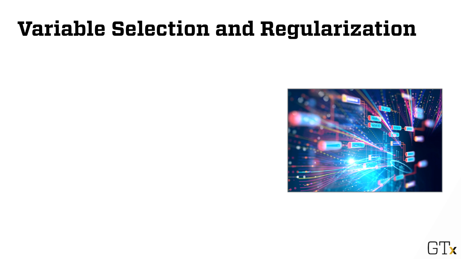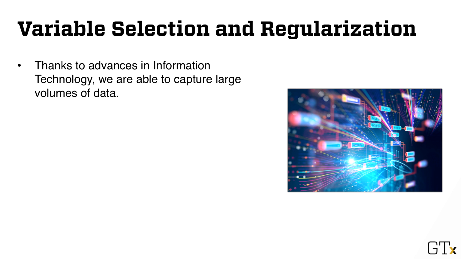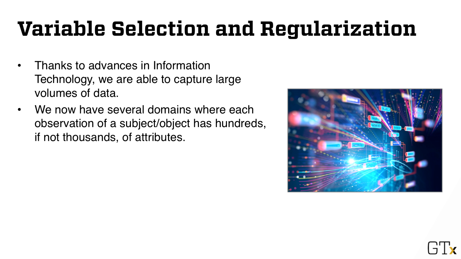Variable selection and regularization are becoming important thanks to the fact that advances in IT lend us the ability to capture large volumes of data. We now have several domains where each observation of a subject or an object has hundreds if not thousands of attributes.